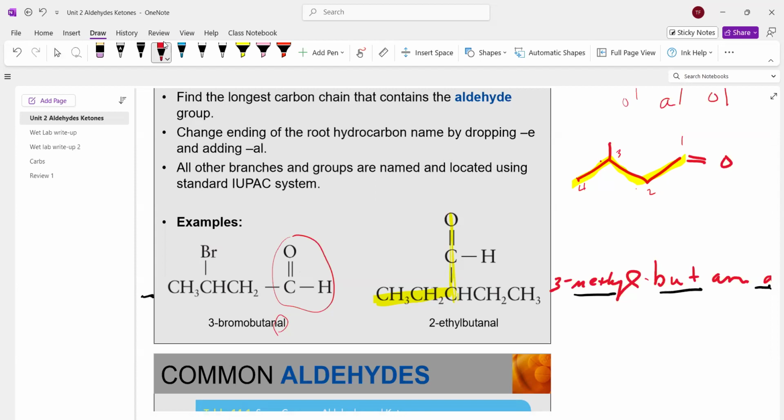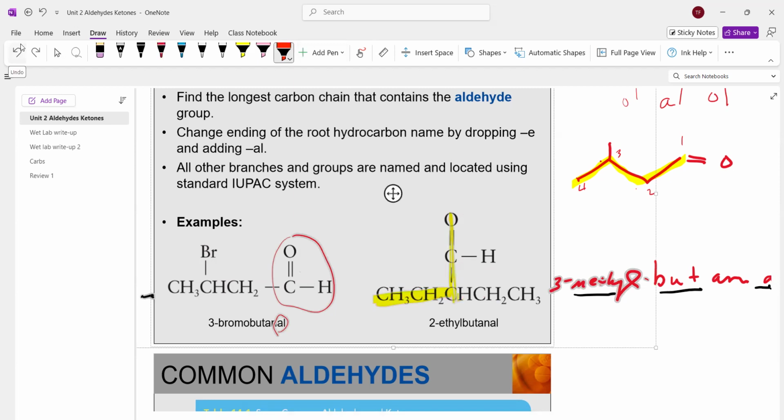That's right, because you have to have the aldehyde functional group in the backbone. And that was my point with the red line, it's not that, because that does not contain the aldehyde group. Okay. Perfect. Thank you.